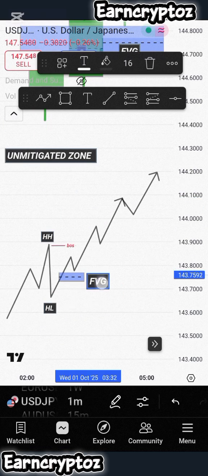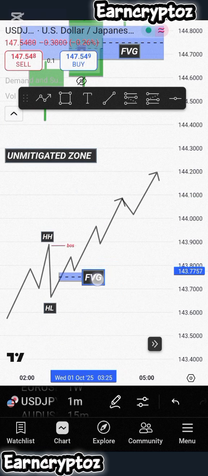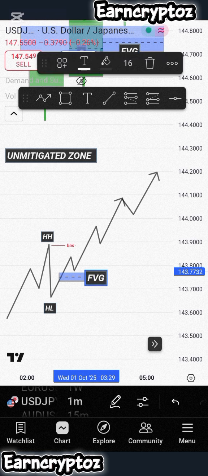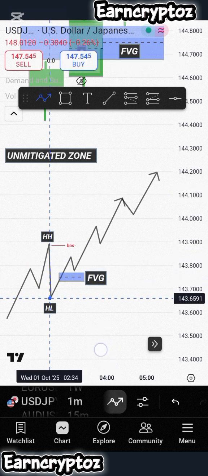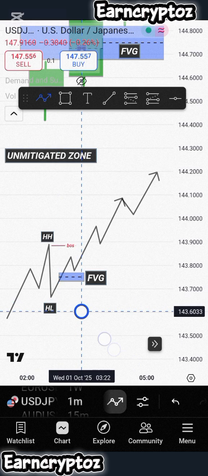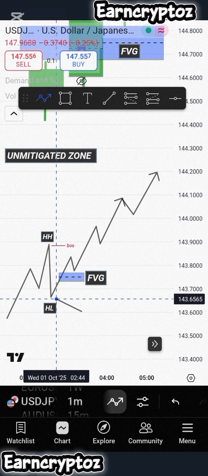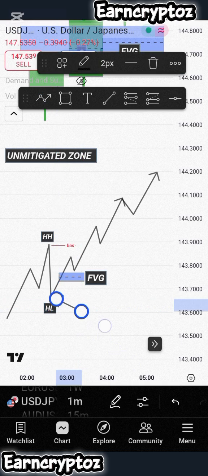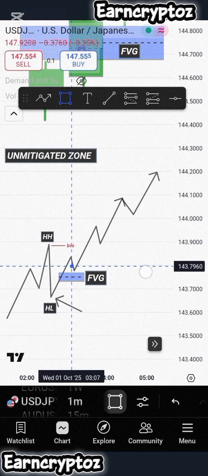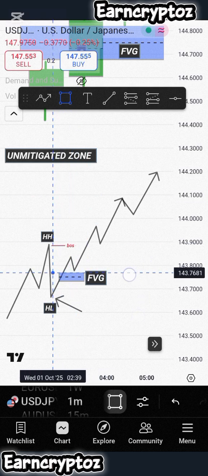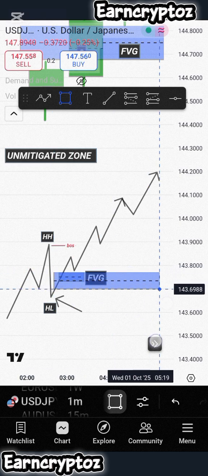What this basically means is that from this point, the higher low point, to the top of the fair value gap is a POI zone.